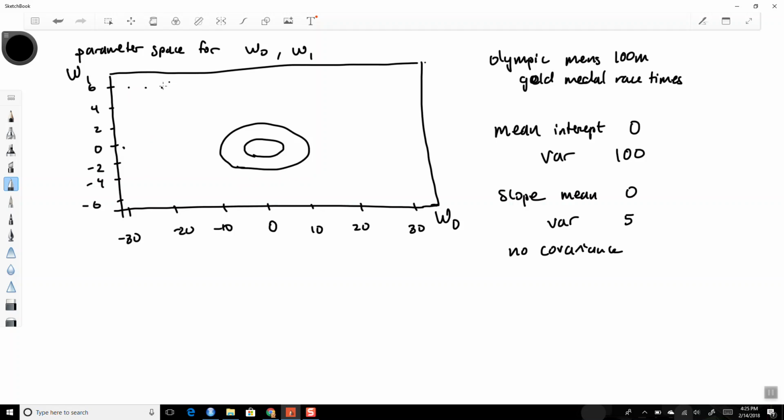In R, there's the multivariate normal function, and I ask what's the density of the multivariate normal at a coordinate, say -36, if the mean is equal to 0, 0, and the sigma is the matrix 100, 0, 0, 5.